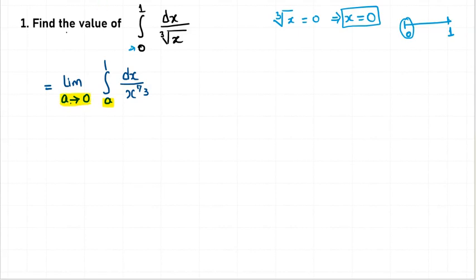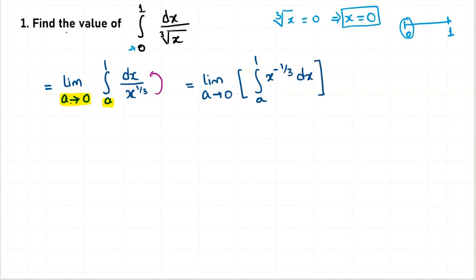Then this becomes a normal integral. To integrate, we bring this term to the numerator. This gives you limit a approaches 0, integral from a to 1, x to the power minus 1 over 3 dx.